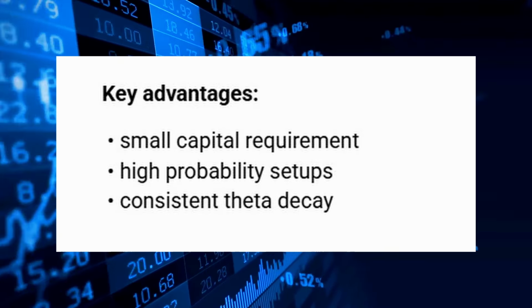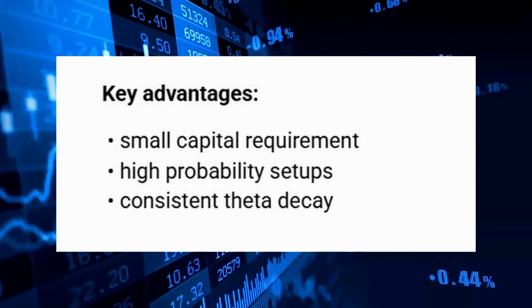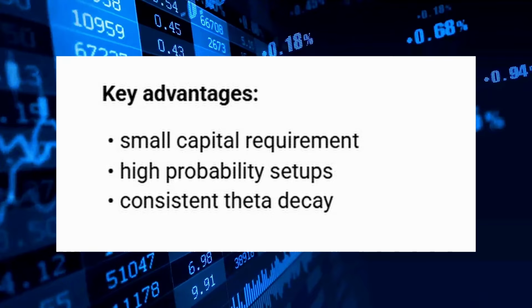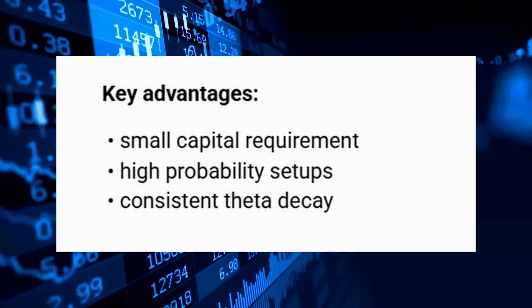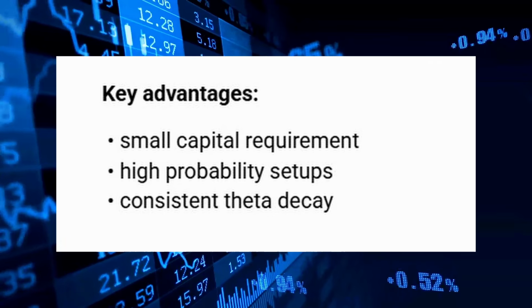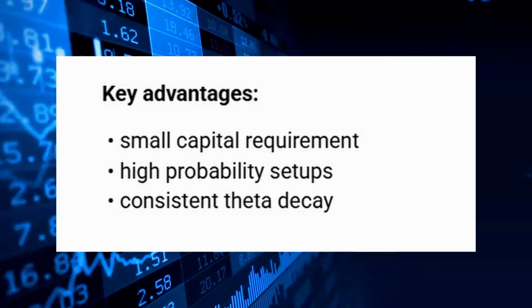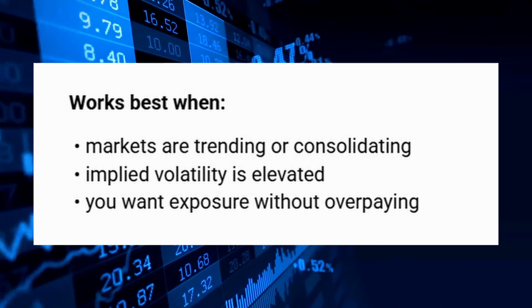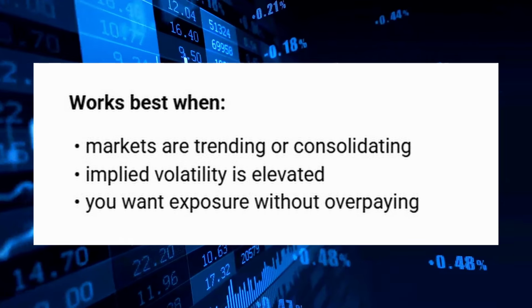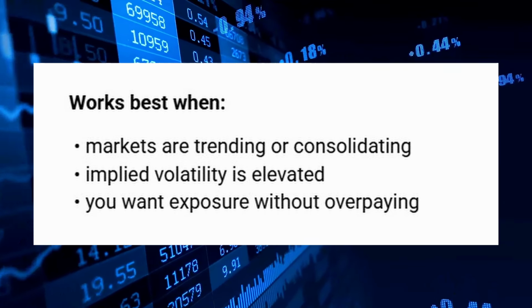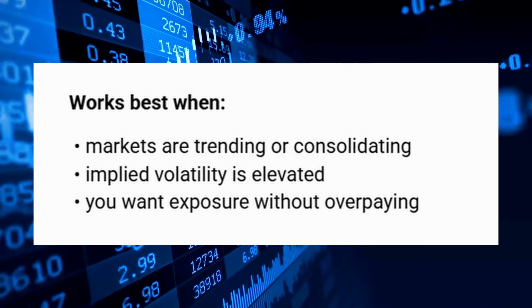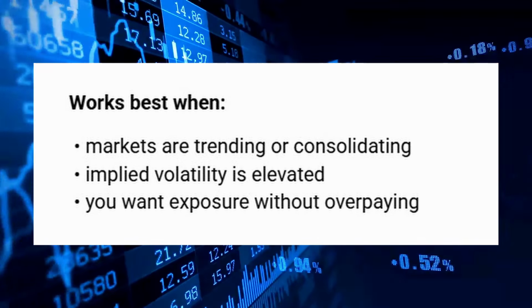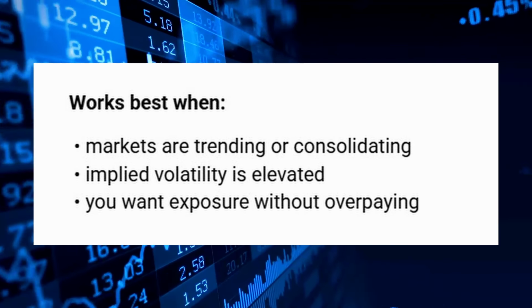Small capital requirement up front, high probability setups, and consistent theta decay. So that's bringing in dollars over time. This strategy works best when markets are trending or consolidating, when implied volatility is elevated, and when you want exposure without overpaying. For many traders, this becomes their core income engine.